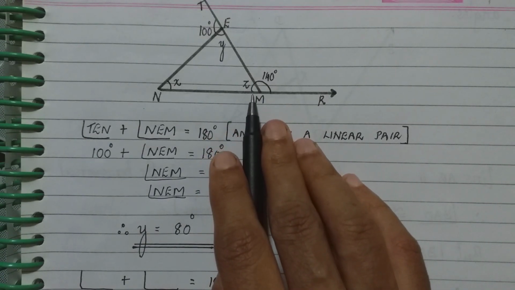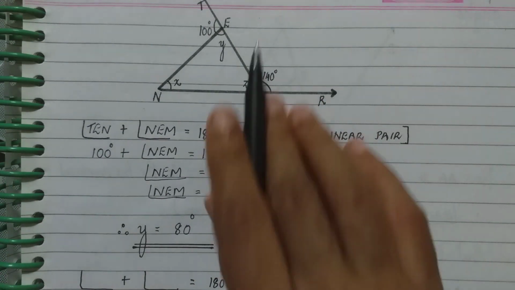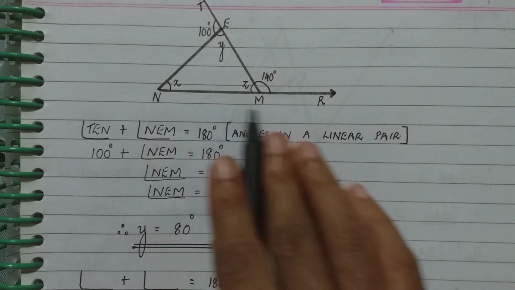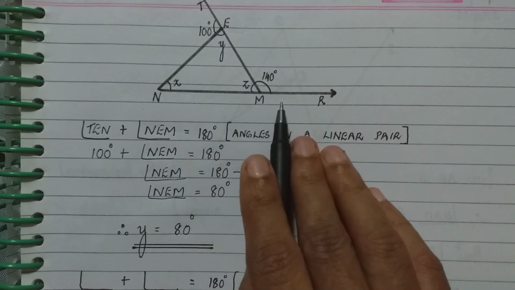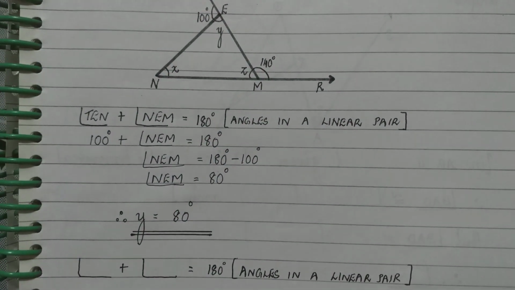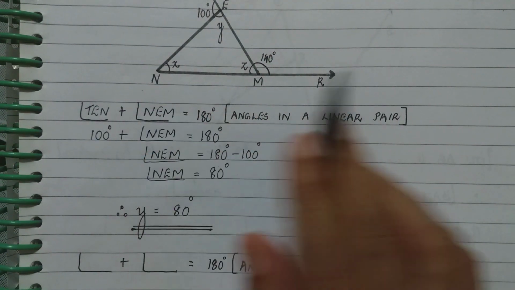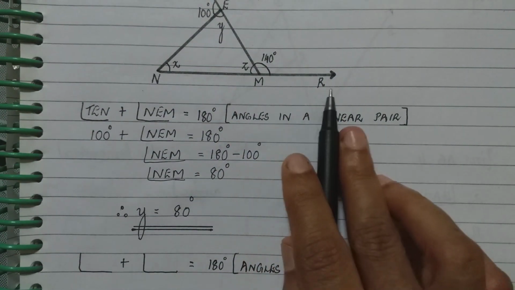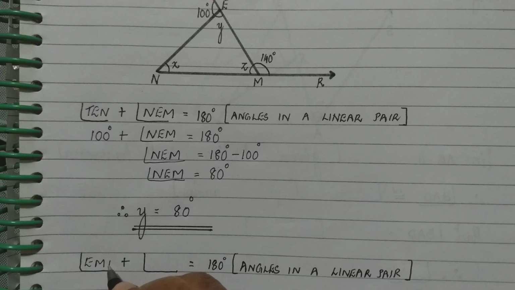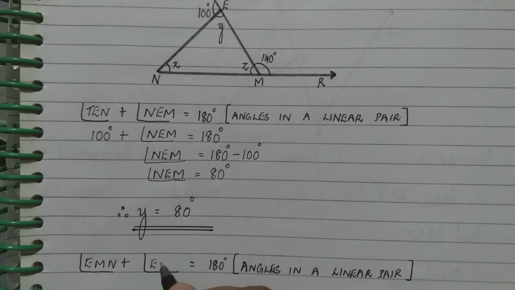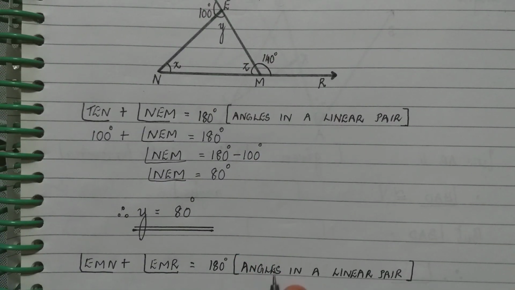We have to find out the interior angle adjacent to this exterior angle, because this exterior angle plus this interior angle forms a straight line which is 180 degrees. Therefore, they form angles in a linear pair. So just like as we wrote in the first part, we will say angle EMN plus angle EMR form a linear pair, which means that the sum is equal to 180 degrees.